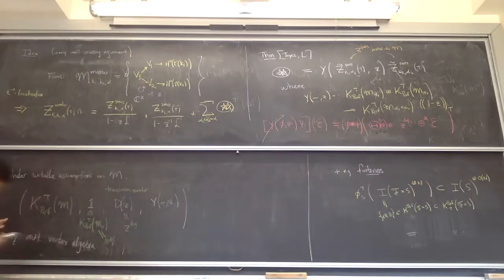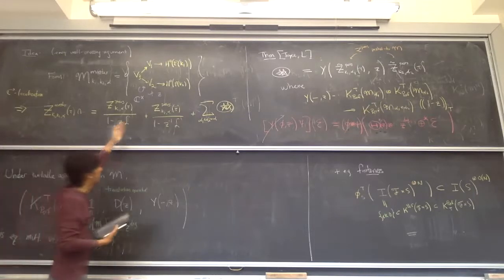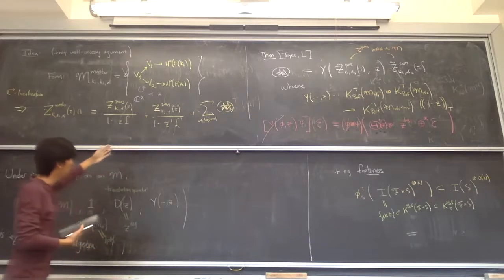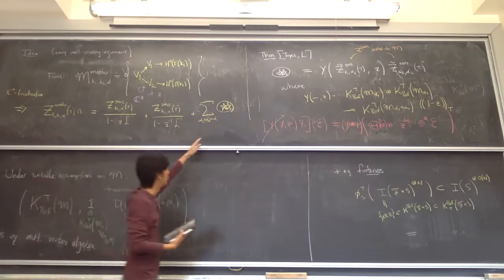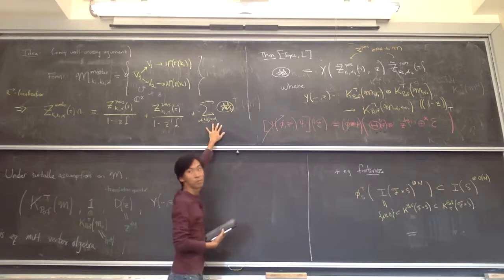Okay, so as far as wall crossing goes, I don't want to say too much more about it, other than there's some geometric way to relate Z pairs K1 and Z pairs K2, and that relation is controlled by something coming from a vertex algebra, which will be some Lie bracket.